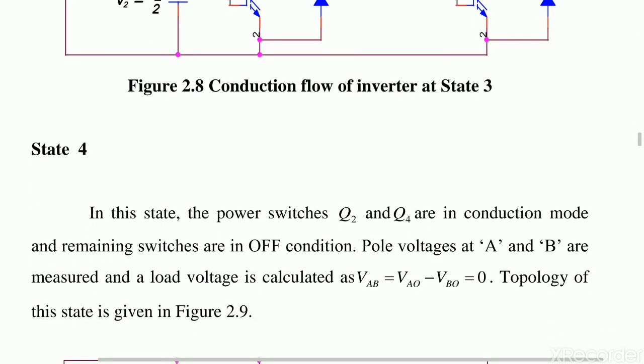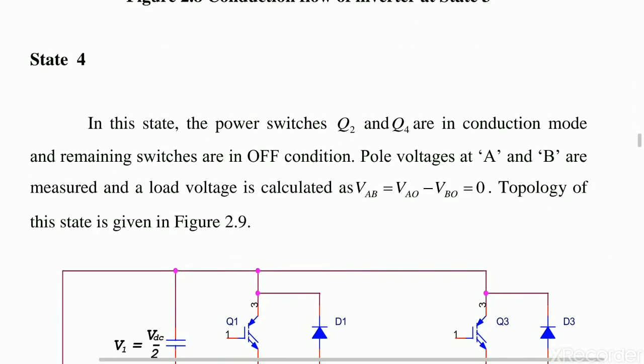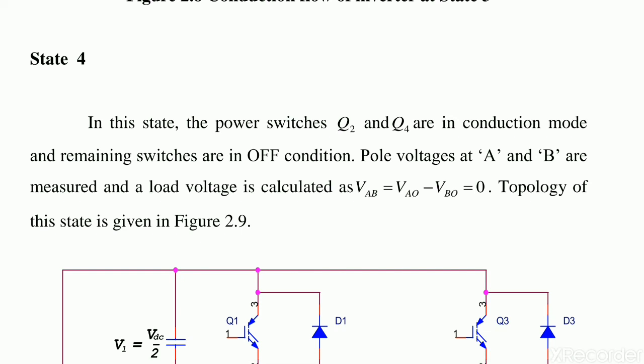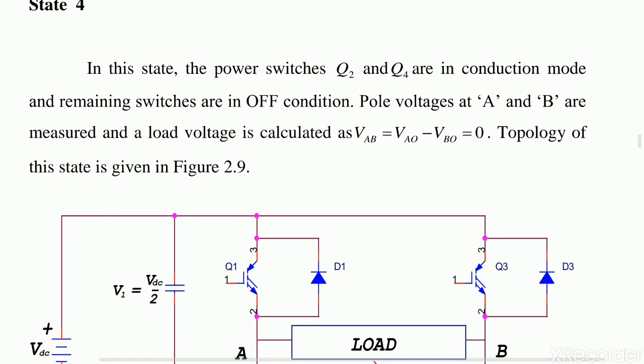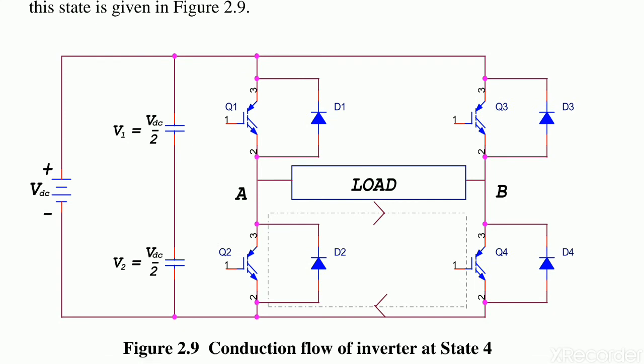Similarly in the state 4, the switches Q2 and Q4 are in conduction mode and the remaining switches are in off condition. So the total voltage across the load, that is VAB, is also again 0. We can see this from the circuit diagram. The resultant voltage across the load will be 0 after triggering on Q2 and Q4.